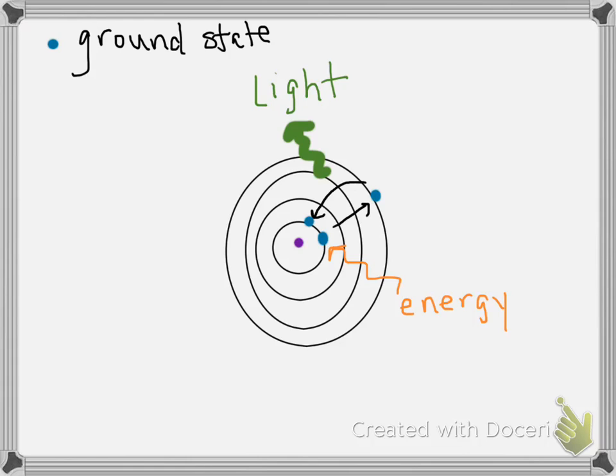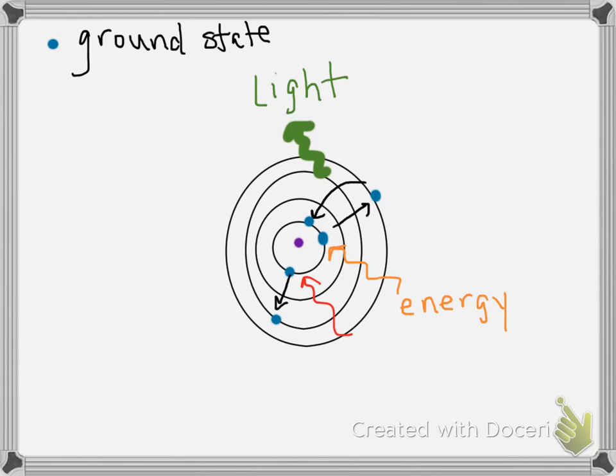Now let's say it got hit with a different amount of energy. Maybe then, let's draw that over here. Let's say it only gets hit with a little bit less energy, like so, and it only jumps up 2 energy levels.